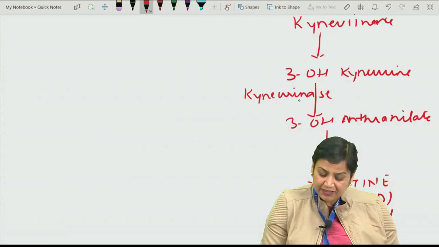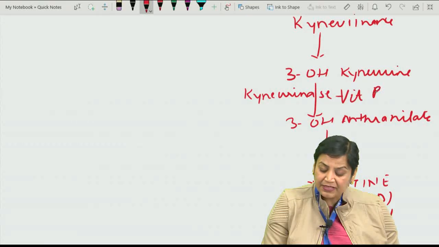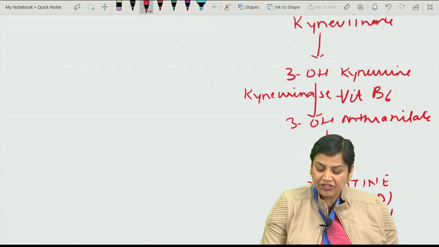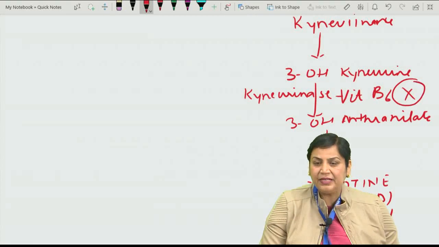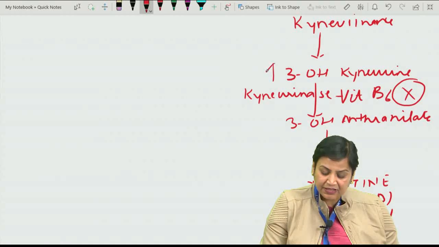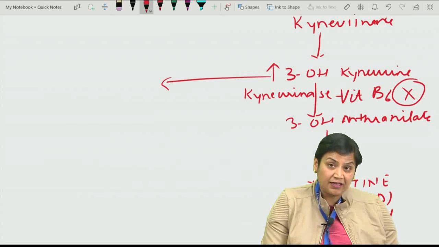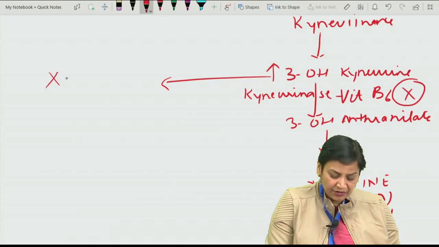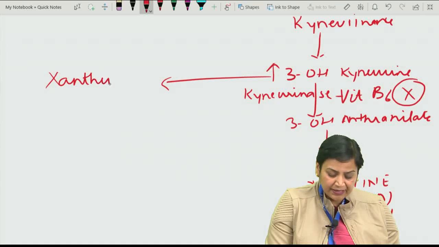Now what happens is, this kynureninase requires vitamin B6 for this reaction. Deficiency of vitamin B6 leads to increased concentration of kynurenine, and in the deficiency of vitamin B6, it will be converted into xanthurenic acid.